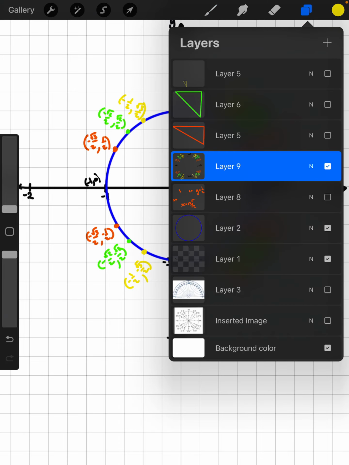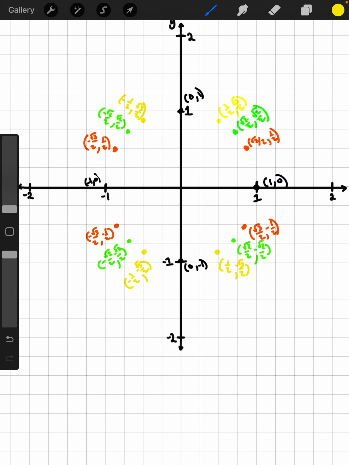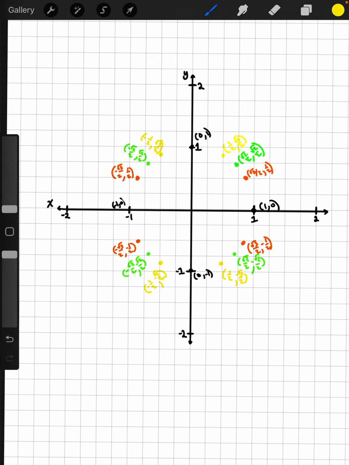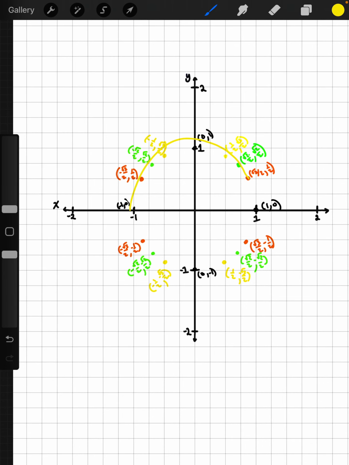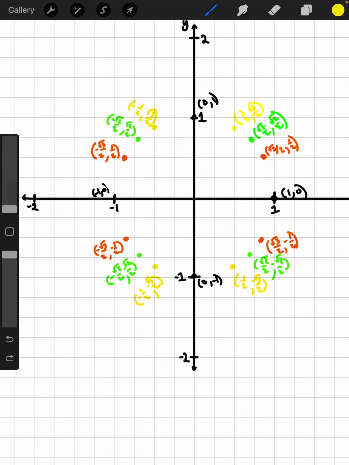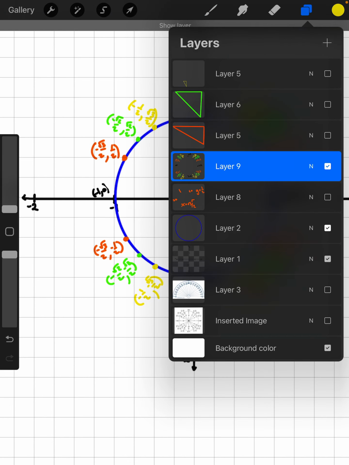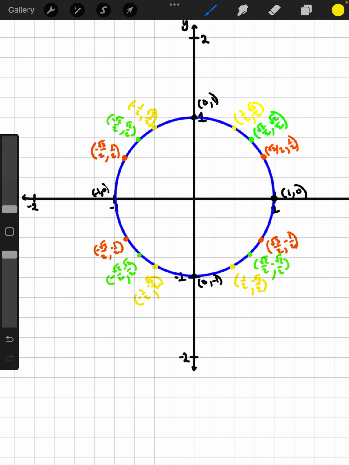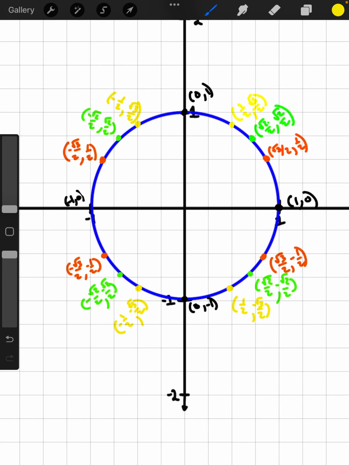So now I have all of these coordinates on the circle, which really are just a lot of coordinates on a graph. But the coordinates all line up in a circle. Pretend like that was a beautiful circle and not a weird shape. So now that I have all of those coordinates laid out on a circle, I want to actually draw in the radius stretching from the origin to each of those coordinates.